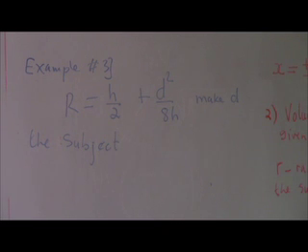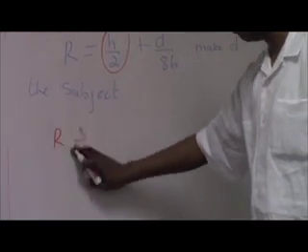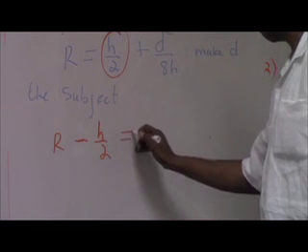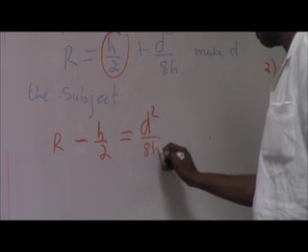So the first thing I want to do is to move every term that does not have a d in it to the other side. It doesn't have a d in it, so I want to move it across. So I'm going to have r minus h over 2, and we'll be left with what? d squared over what? 8h.